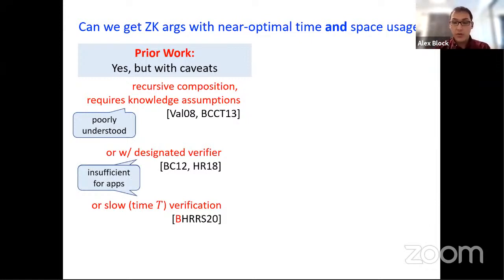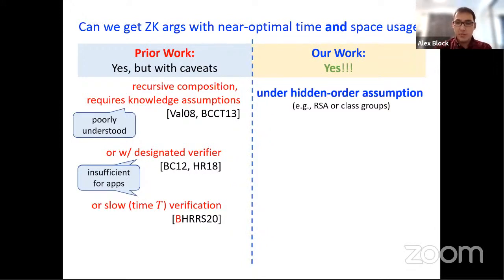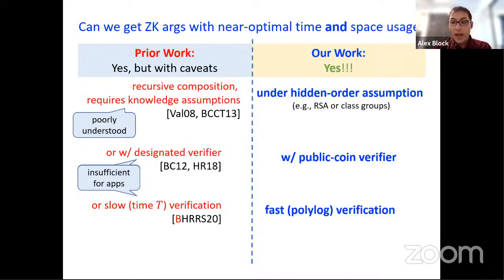Now, in a prior work with the same set of co-authors, we overcome these limitations, but the verifier here is linear time, which is again undesirable. Well, in this work, we remove all these caveats at once. To do so, we need the hidden order assumption, which is comparatively much simpler and better studied. Our verifier is public coin, and it is a polylogarithmic verifier. And in fact, such a result was not even known without the zero-knowledge requirement.